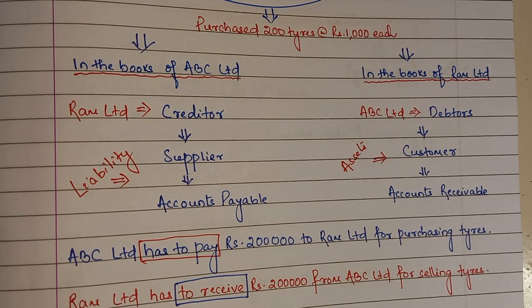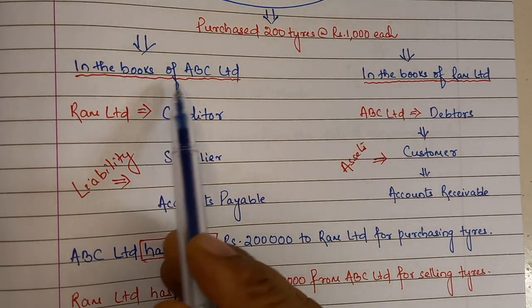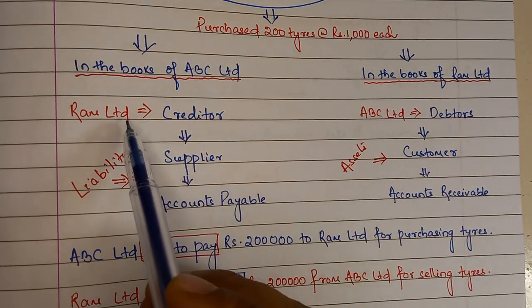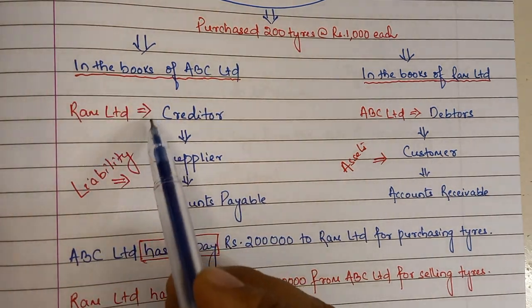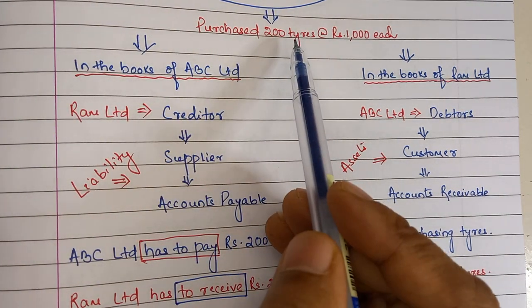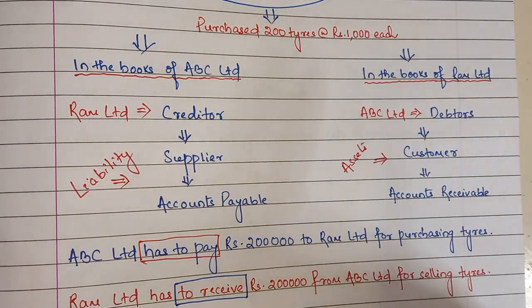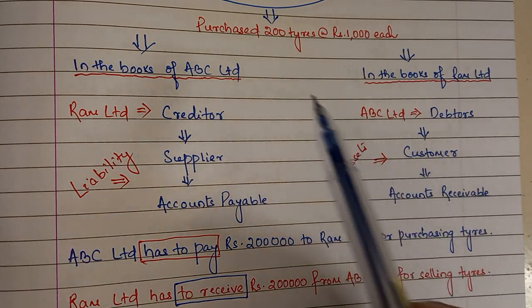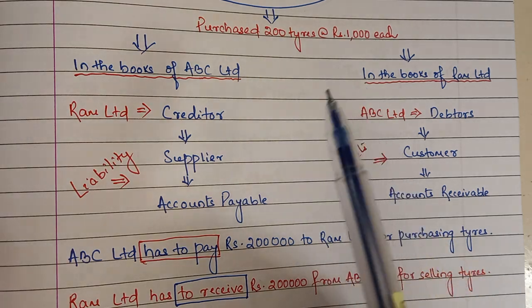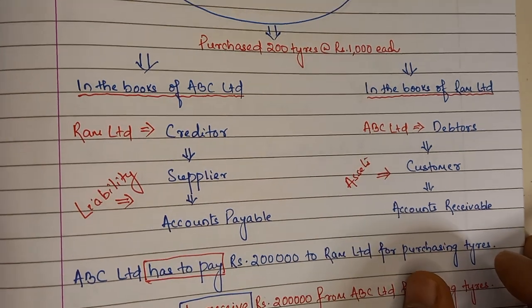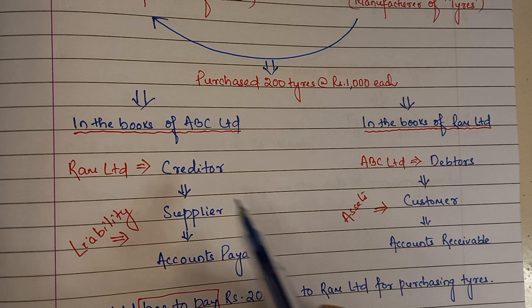If you see in the books of ABC Limited, who is Ram here? Ram is the company who has given these tires on credit, because ABC Limited has not paid Ram Limited. So these tires are purchased on credit, and Ram Limited is a creditor.